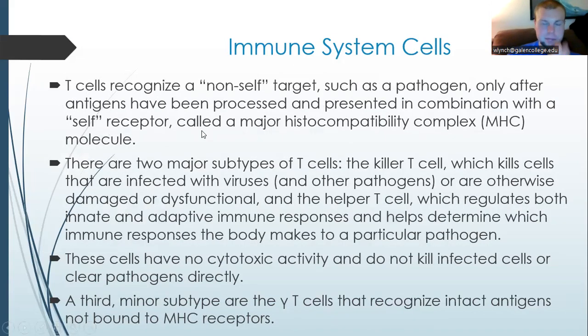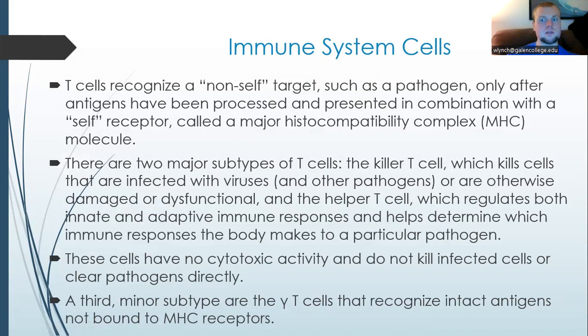How T cells work is that they will recognize non-self cells from self cells or self-presenting cells. So a non-self cell, for example, is a bacteria or a virus that is in there that should not be in there, all right? And only after the antigens have been processed and presented in combination with a self-receptor are we able to target them?